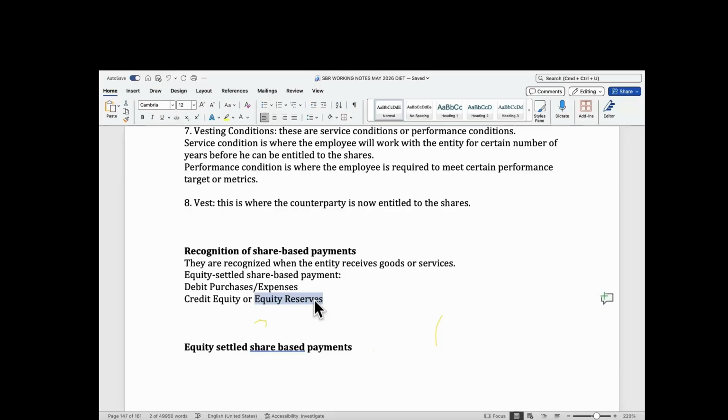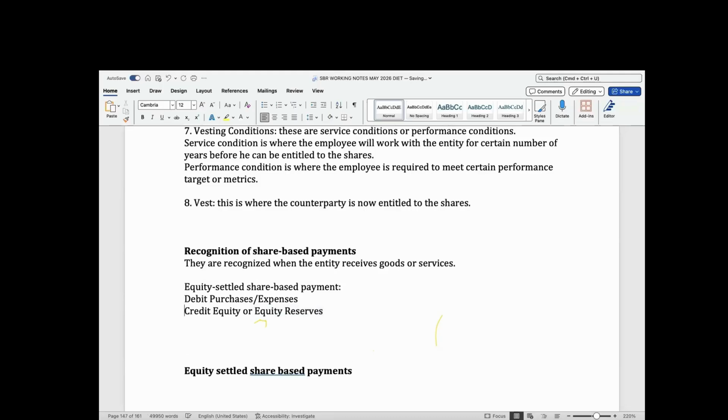The counterparty is not a shareholder yet with the holding of share options. We can only credit equity reserves until it is now shares, when it has vested.